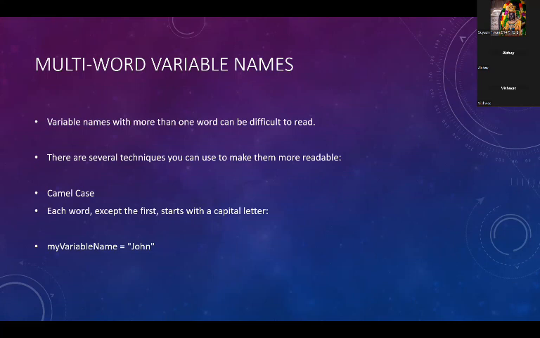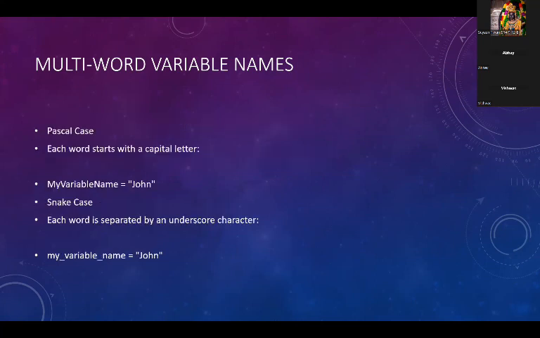The example is myVariableName := "John", where we have passed a string, John. In this camel case, the first word, my, is in small letters, and the V of variable and the N of name are capital. This type of variable name is known as camel case.